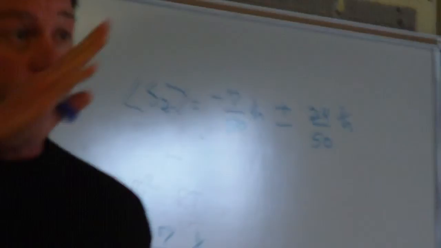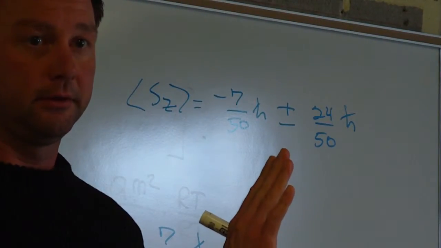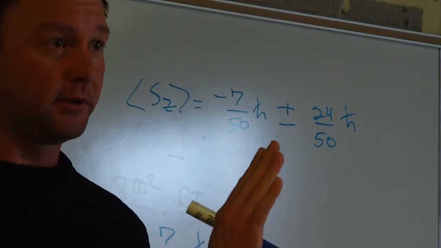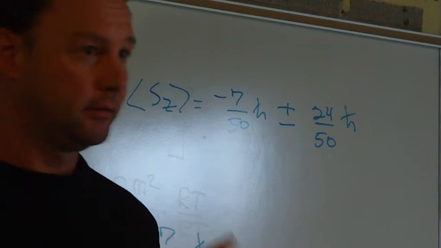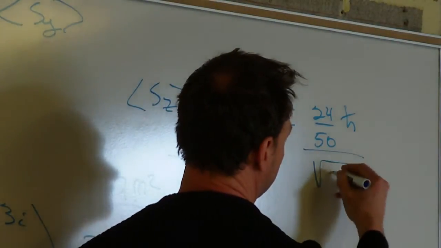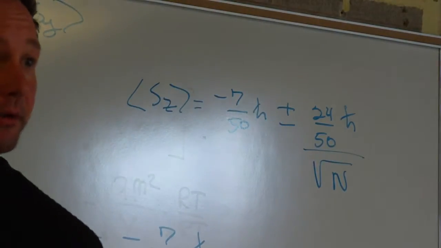If I do an experiment once, what do I say the error is? The standard deviation. But what if I do an experiment a whole bunch of times? Standard deviation divided by the square root of n. So over here, I really want to divide by the square root of n. That's what I would want to pose to my experimentalists.